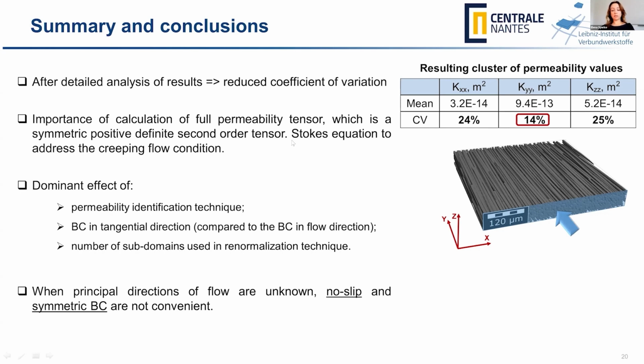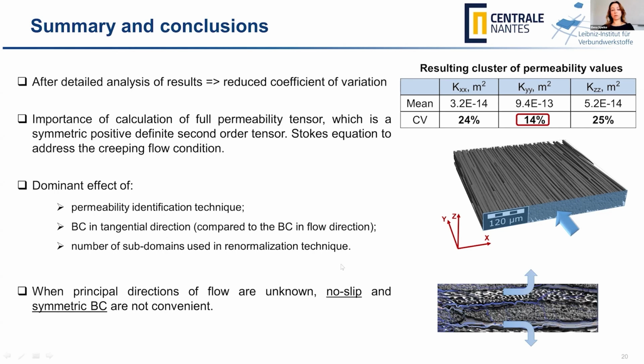The full permeability tensor is important to calculate, and dominant effects were found from such parameters as the permeability identification technique, the boundary conditions used in the tangential directions, and the number of subdomains used in the technique. And as it comes to the boundary conditions, it's particularly the no slip and symmetric boundary conditions.